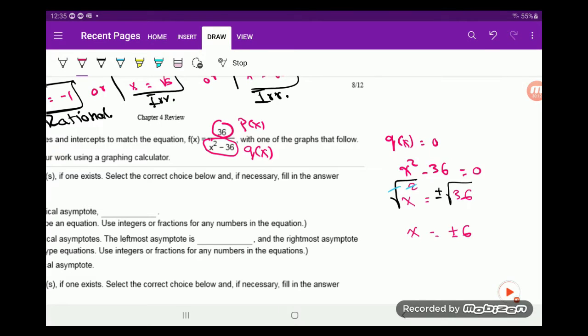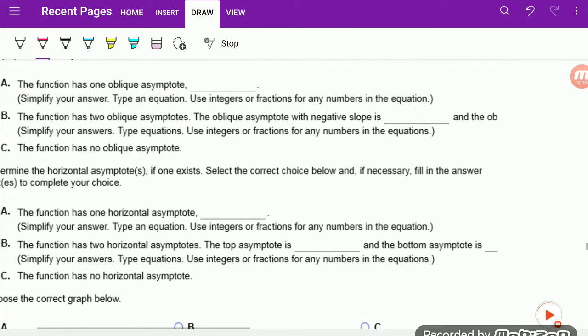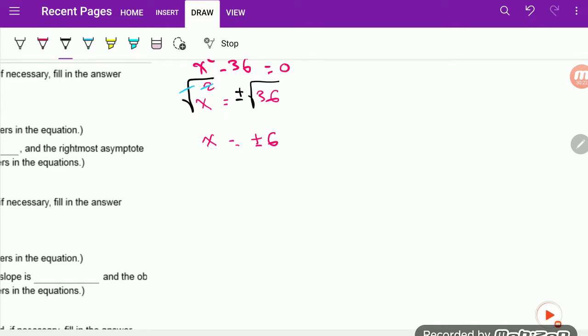The second analysis: we need to look at the horizontal asymptote. What are the tests for a horizontal asymptote?